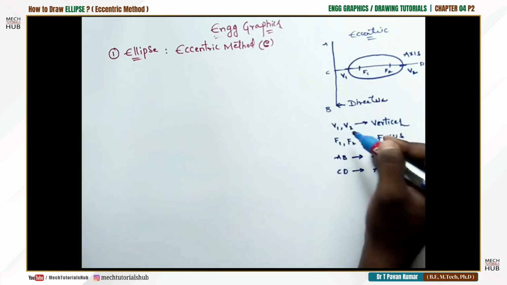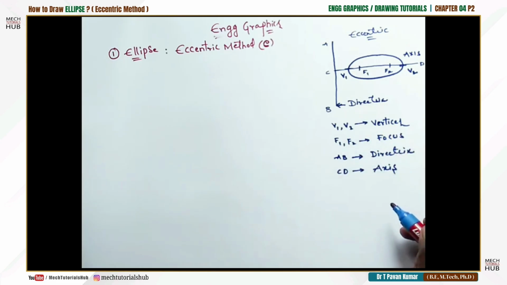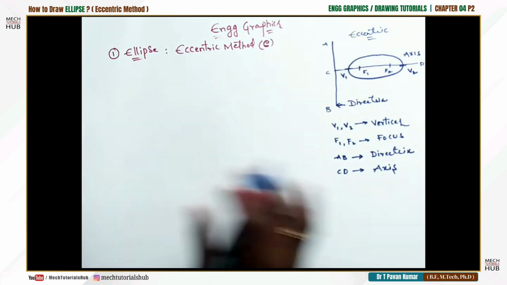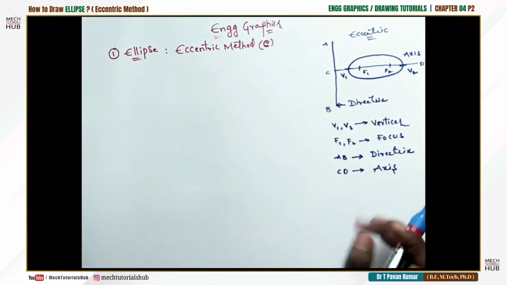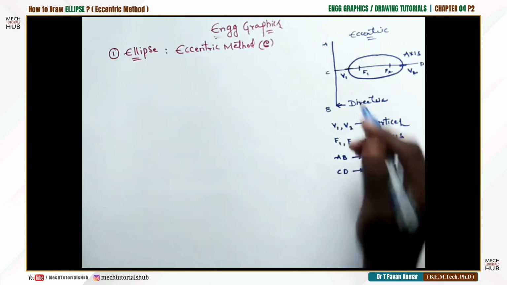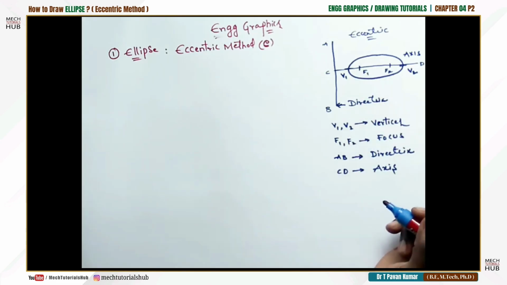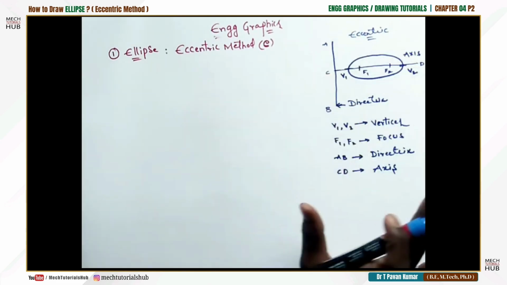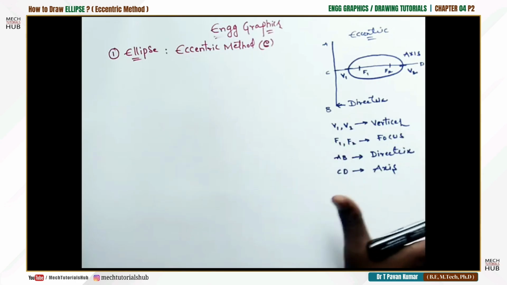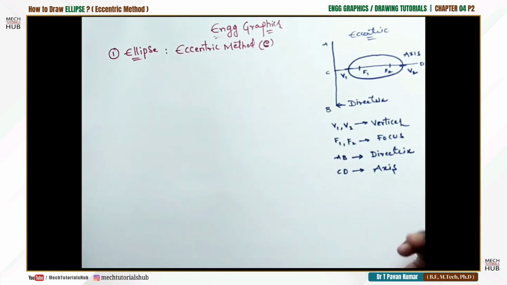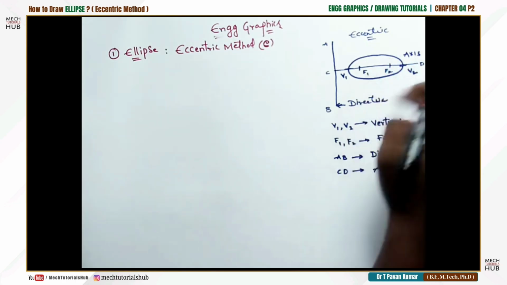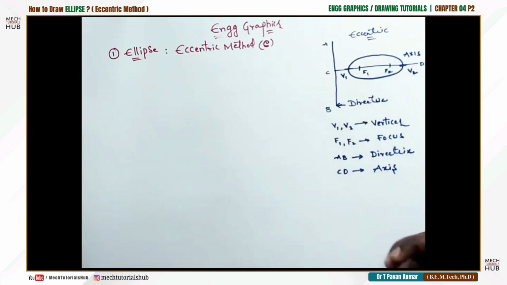How to arrive at those focus points and vertex points, we'll see in the actual practice of an ellipse. One more thing to note is that there won't be any finite distance for AB and CD. It is an infinite distance, and we can take it conventionally, whatever is required. Now we'll focus on how to get this solution.